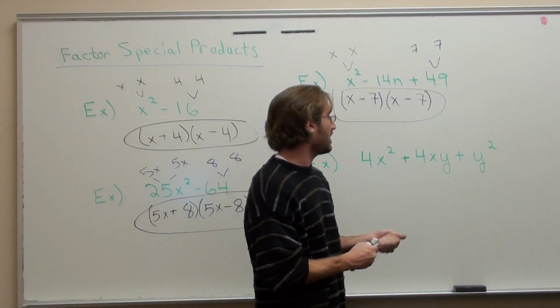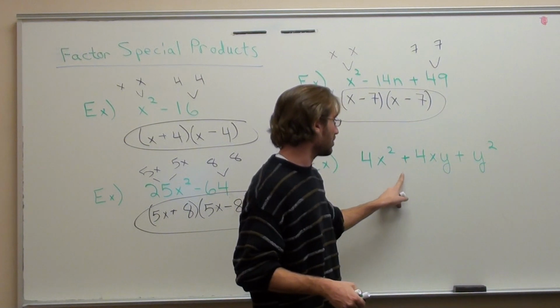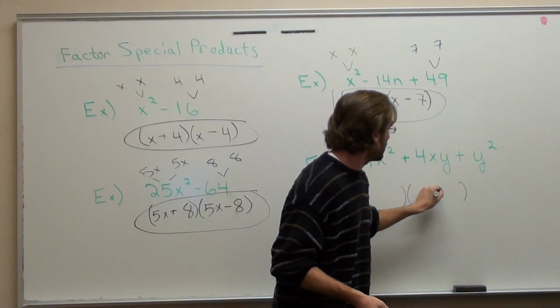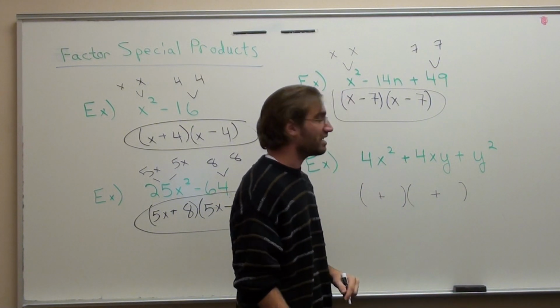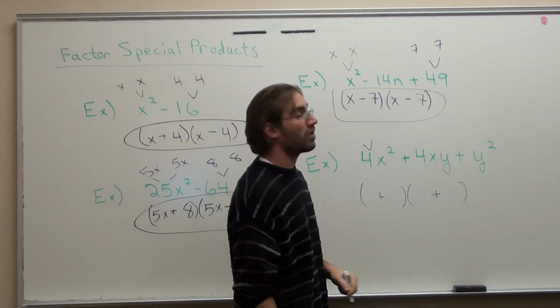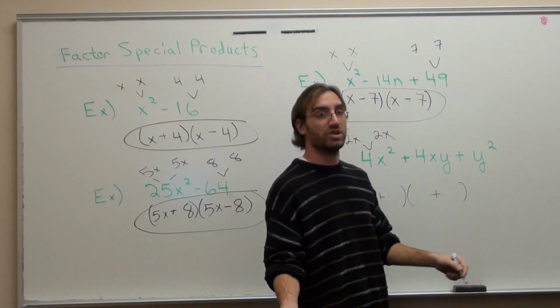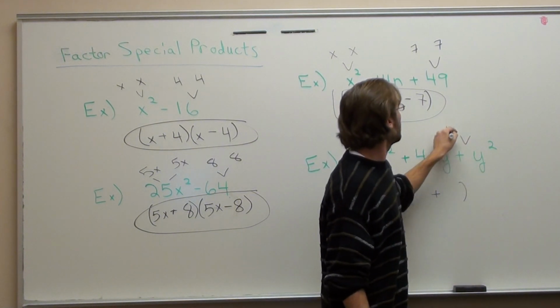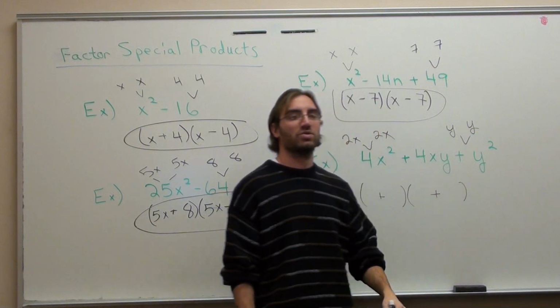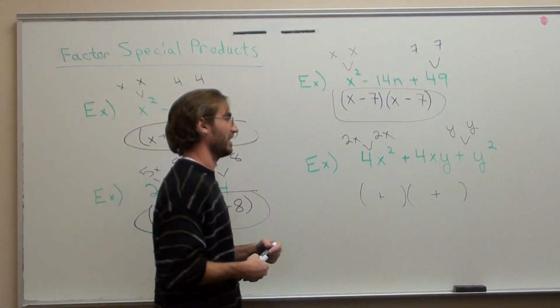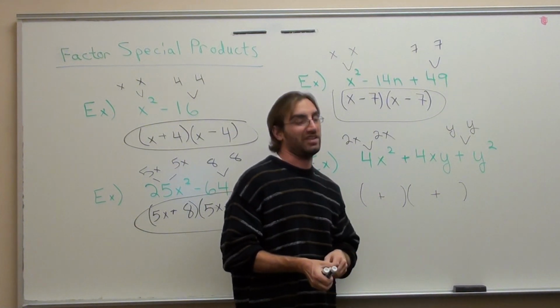Now the last sign is positive, and the middle term is positive, so positive, positive. What times what is 4x squared? 2x times 2x. What times what is y squared? y times y. Now, like I said, it only works when the first term and the last term work out perfectly like that. If it doesn't, you've got to figure out a different method.